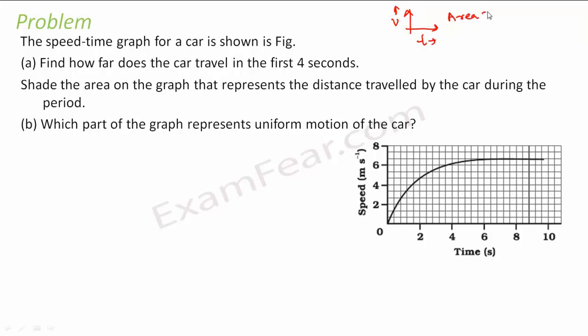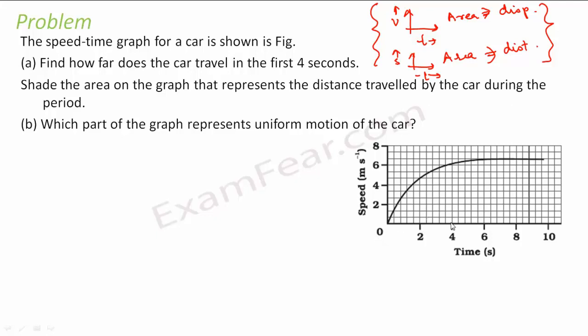Area under the curve gives you displacement, right? Similarly, if you have a speed time graph, area under the curve will give you distance, right? Because the relationship of speed and distance is the same as the relationship between velocity and displacement, right? So here you have to calculate the total distance traveled in the first 4 seconds.